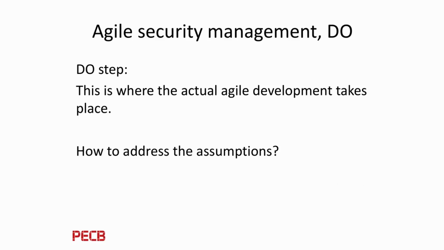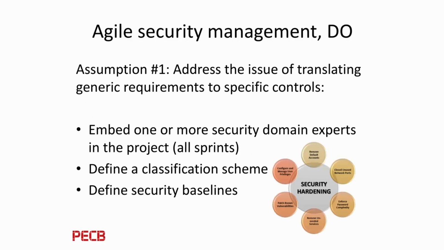Well, of course, there's a lot of change in the do step. This is where agile development does its thing, and this is where the assumptions have changed as well. So the first assumption was about translating the generic security requirements to specific security measures.